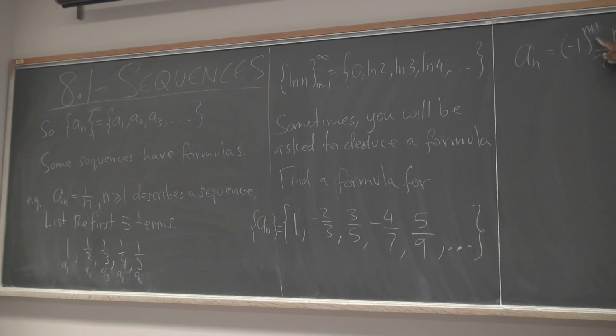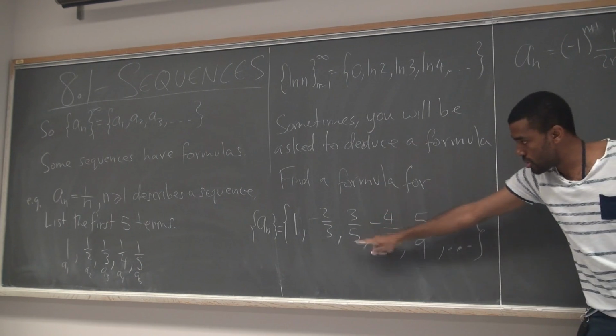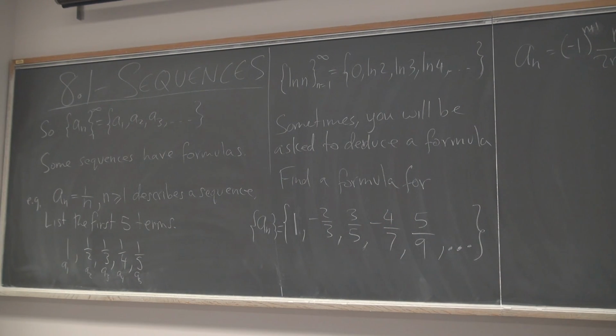Plugging in n equals 2, I get minus 1 cubed, which gives me that negative. This would be 2 over 4 minus 1, which is 3. Plugging in n equals 3, minus 1 to the 4th gives me a positive sign. This is 3 over 2 times 3 minus 1, which is 5. So I get positive 3 over 5, and so on and so forth. So yeah, this would be a formula for our sequence.